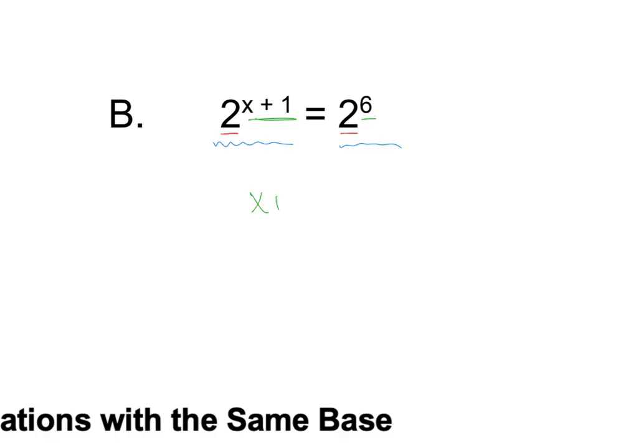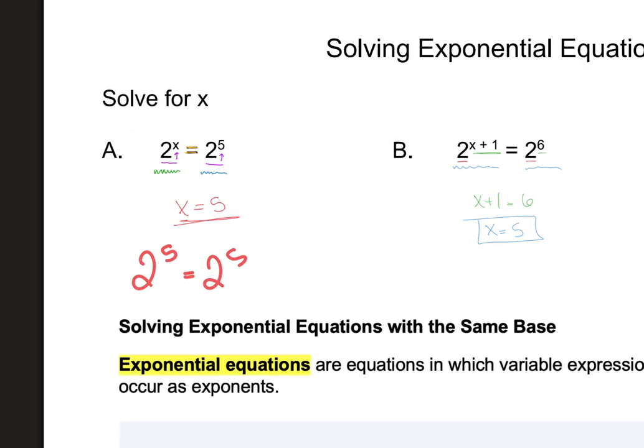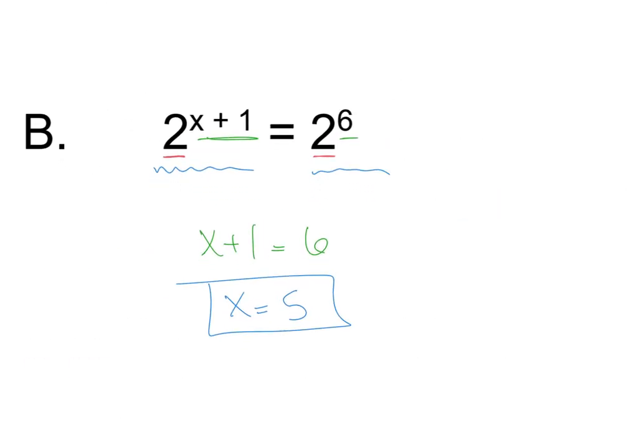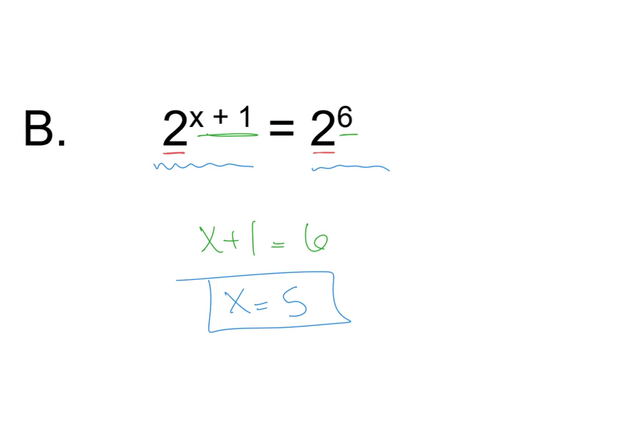It must be then that this, x plus 1, equals 6. Yeah, that's how it would have to work. So again, x is 5, so it's a bit of a coincidence that they're both 5. But that's the concept: because this side is identical to this side, we can basically ignore their bases.